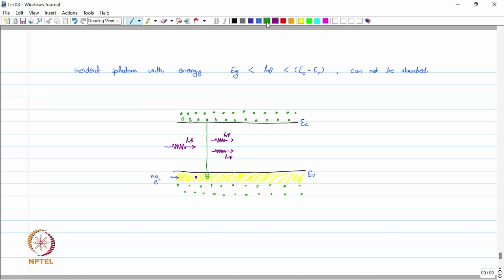Now other electrons are ready to jump. For example, this electron is also ready to jump from top to bottom to this empty state, and this also reacts with these incoming photons.